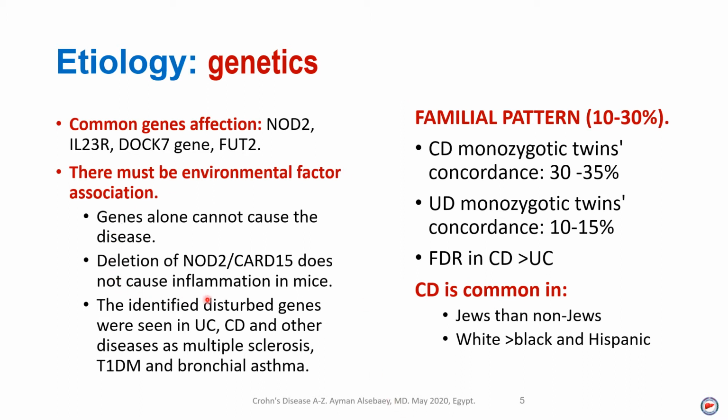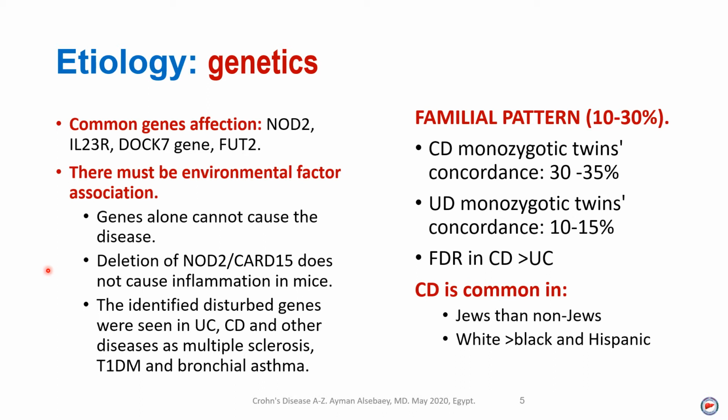So, in mice, when they did deletion for the NOD2 CARD15, there was no inflammation in mice, okay? In patients with Crohn's disease, you will find that there is always mutation of the NOD gene. But in mice, when we did the same thing, inflammation did not occur.